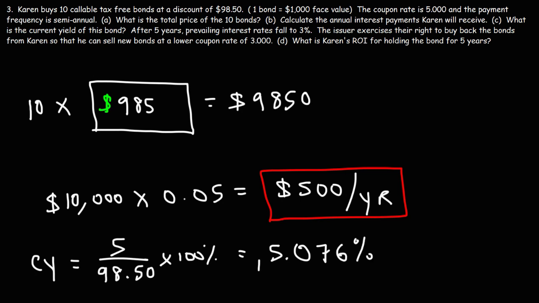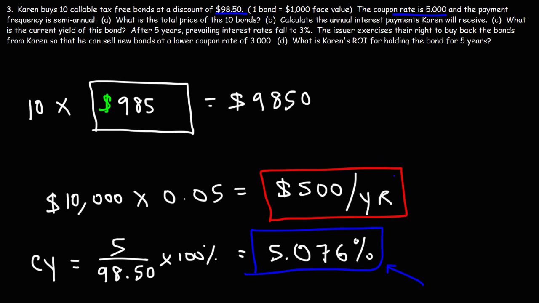So now let's talk about this. Because Karen bought the tax-free bond at a discount of $98.50, her current yield is greater than the coupon yield. And so it's wise to buy a bond at a discount than at a premium, because your current yield will be greater than the coupon rate.